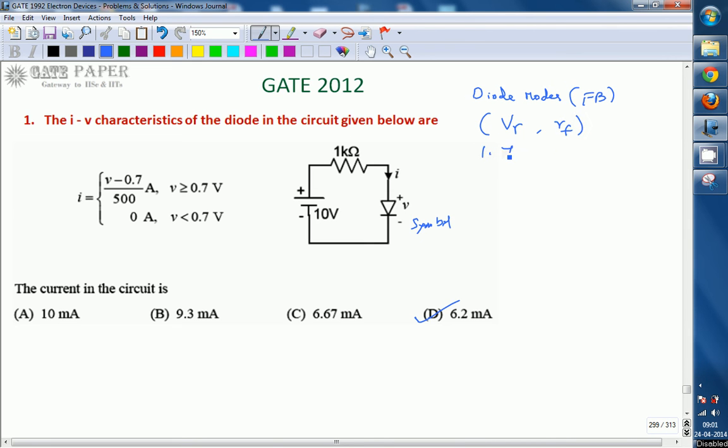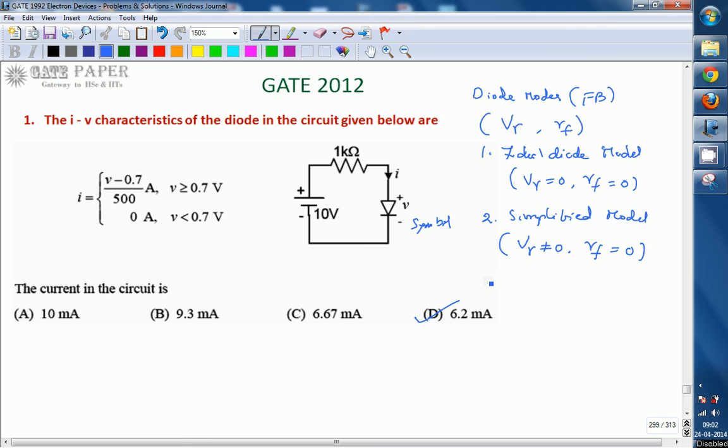First one is the ideal diode model. Ideal diode model implies cut-in voltage is 0 and forward resistance is 0. The second one is the simplified model, where V gamma is not equal to 0, but forward resistance is 0.